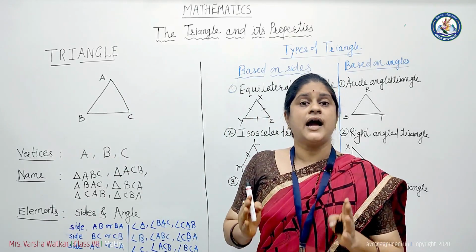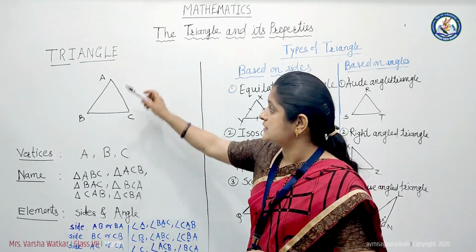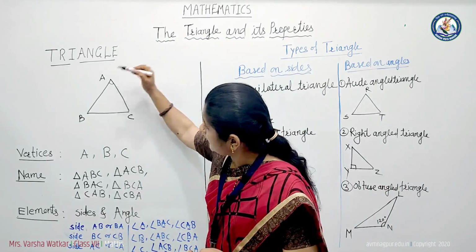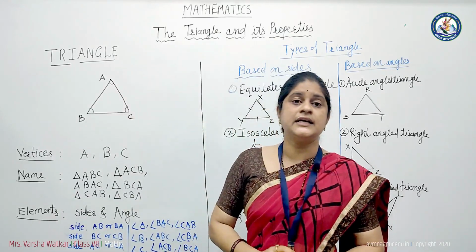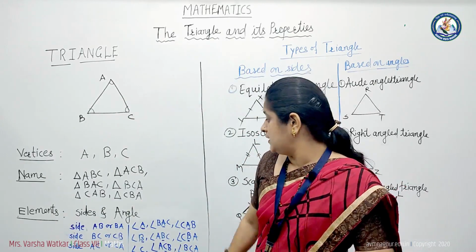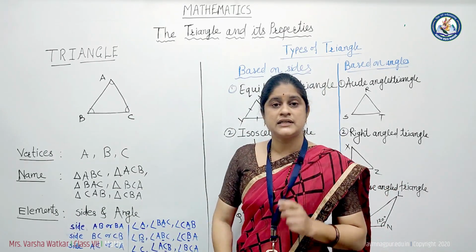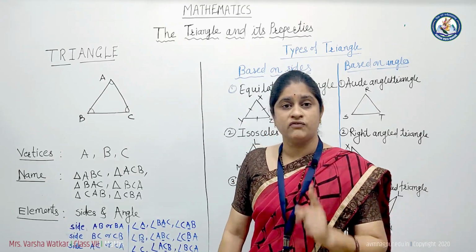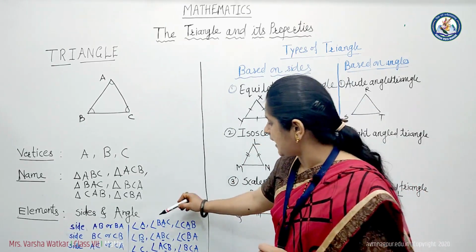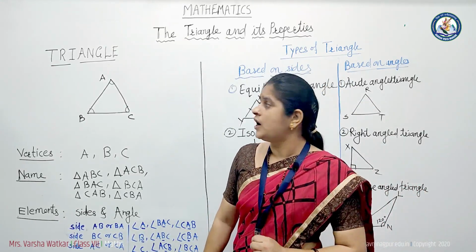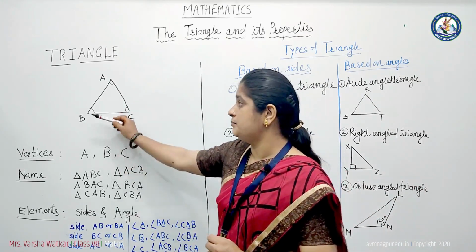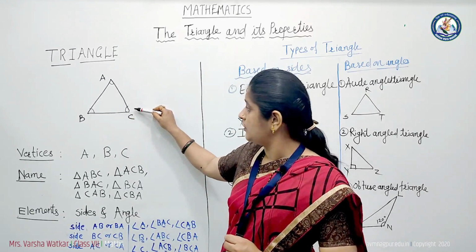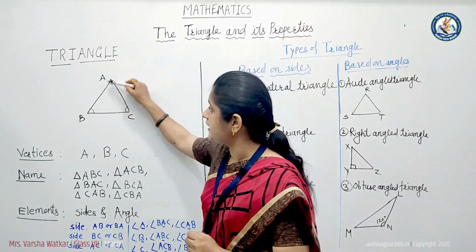Now what are the three angles of the triangle? This is angle A, angle B and angle C. These are the names of the three angles. Angle A is writing the name of the angle using one letter. We can write this angle using three letters also. This is the symbol for writing the angle. Angle BAC or angle CAB.